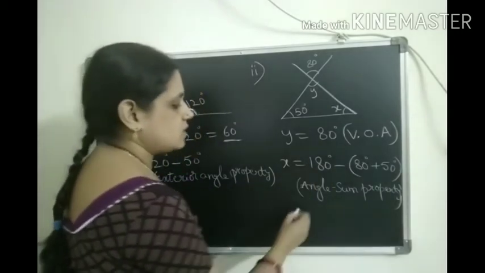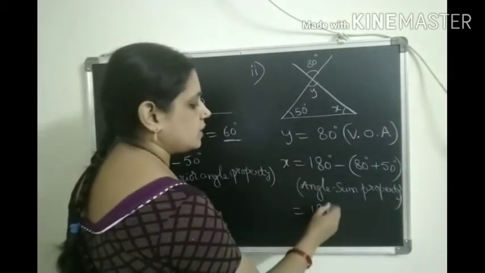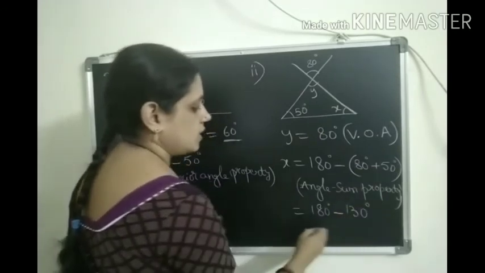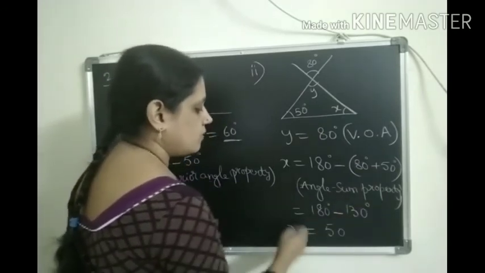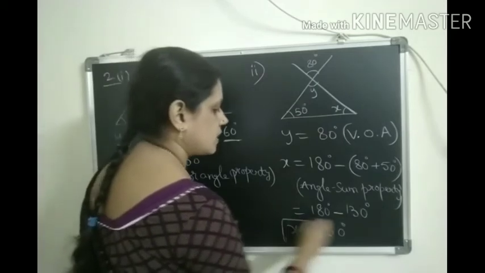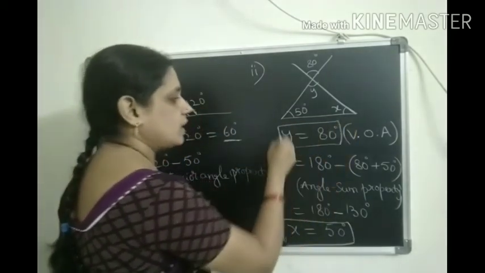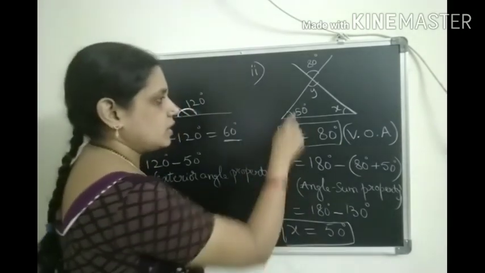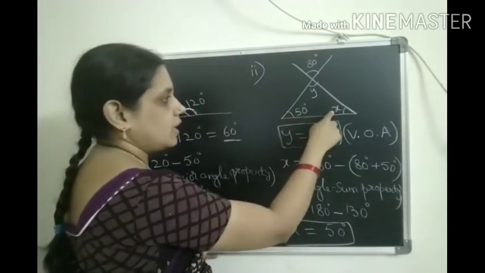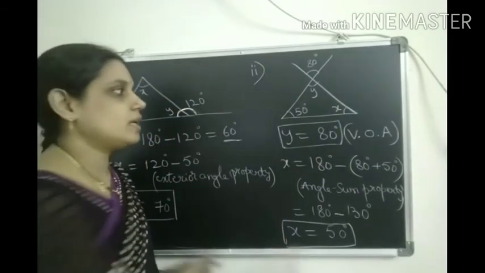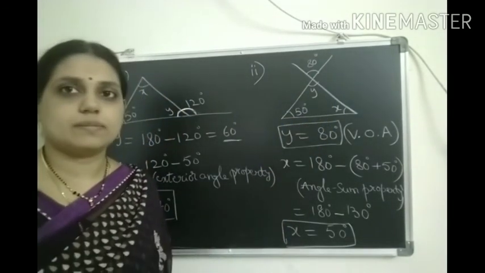So using that we are calculating now. 180 minus 130, that is x equal to 50 degrees. So x equal to 50 degrees and y equal to 80 degrees. Both the values we got now. You can check: 50 plus 50 is 100, 100 plus 80 is 180. Actually this is an isosceles triangle since two angles are equal.